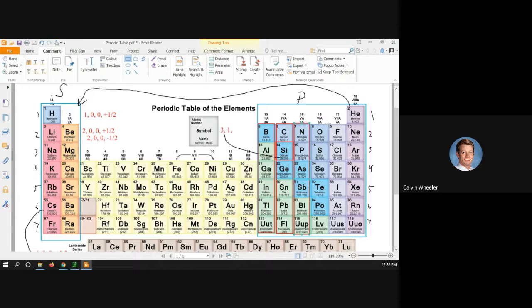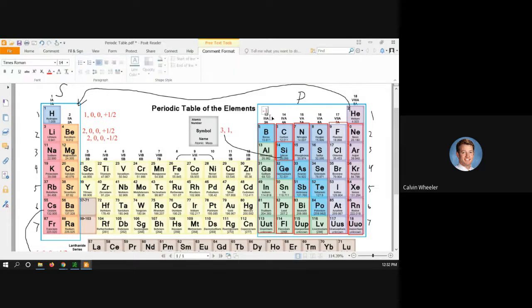And the pattern repeats. All of these are -1. All of these are 0. All of these are +1. And all 3 of those columns have a -1/2 spin. -1, 0, +1, -1, 0, +1.